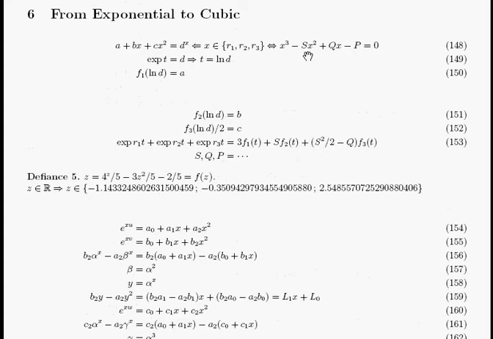We know how to go from the third degree to the exponential, but when trying to take down the exponential to the third degree, let exponential of t equal d. t is the logarithm of d, the natural logarithm. f1 of ln d equals a, f2 of ln d equals b, f3 over 2 equals c.